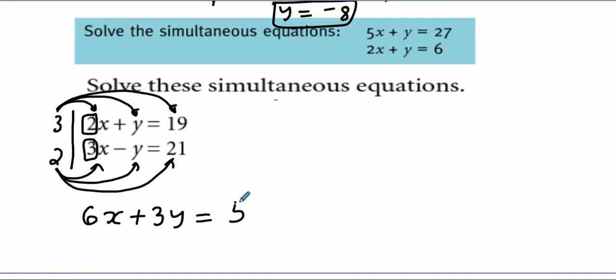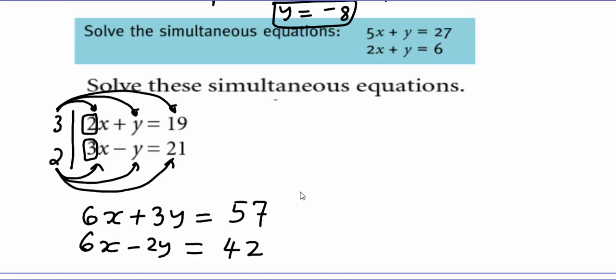You can check that, 19 times 3 is 57, correct. Then 2 times 3x again, this will be 6x, 2 times negative y is negative 2y, and 2 times 21 will be 42. You can help to check me on that.